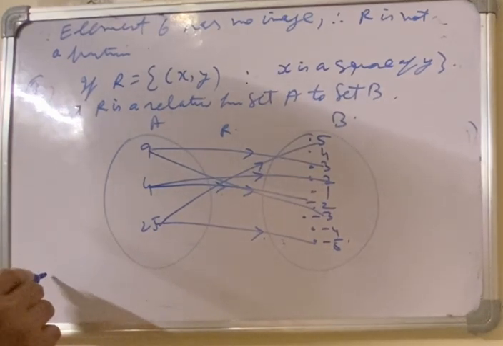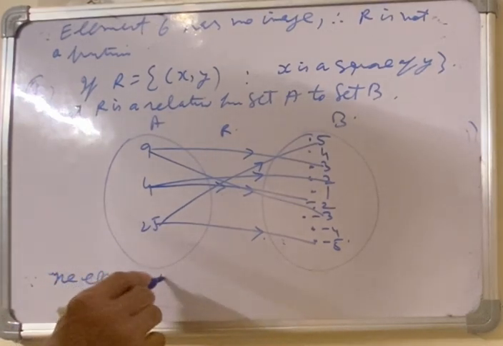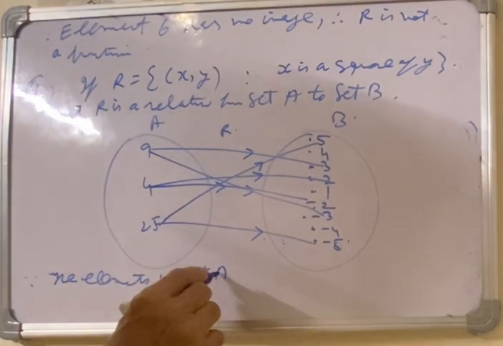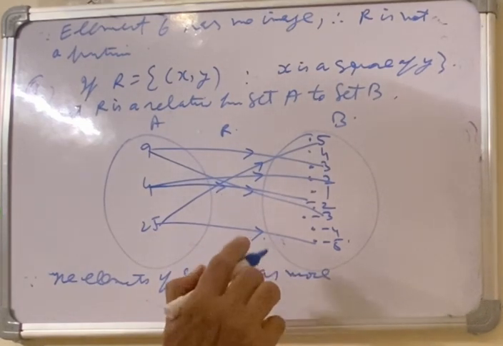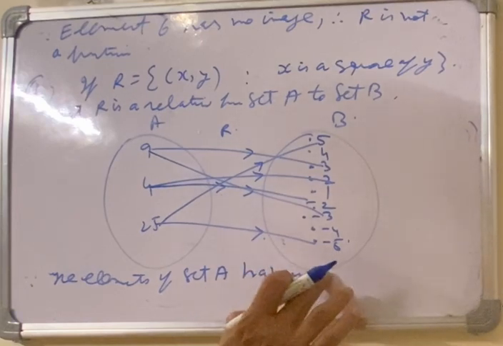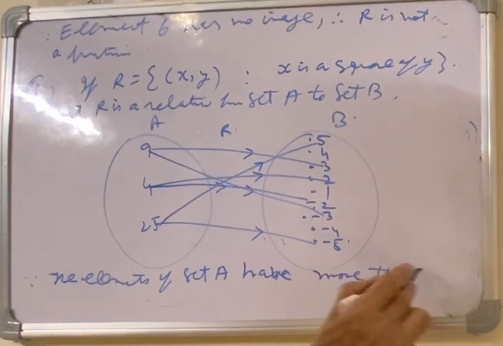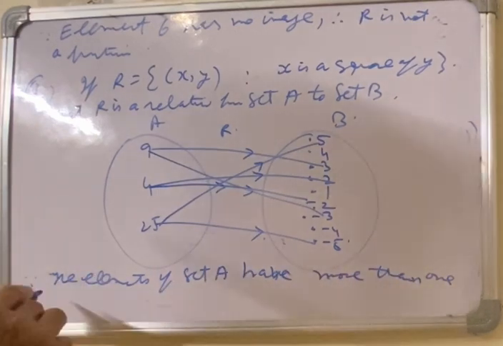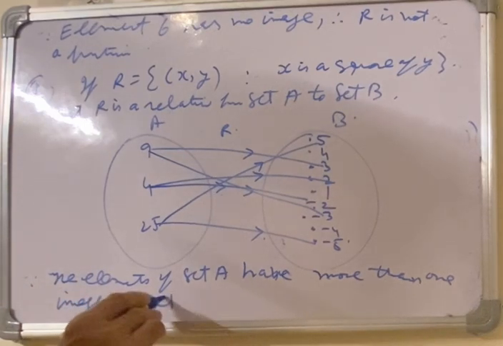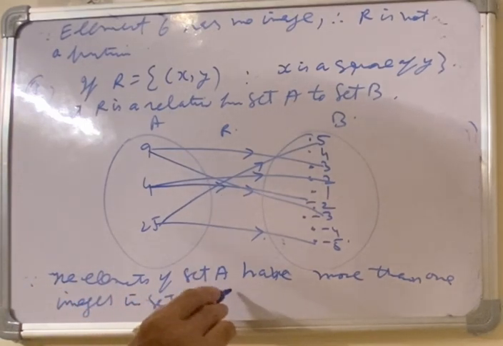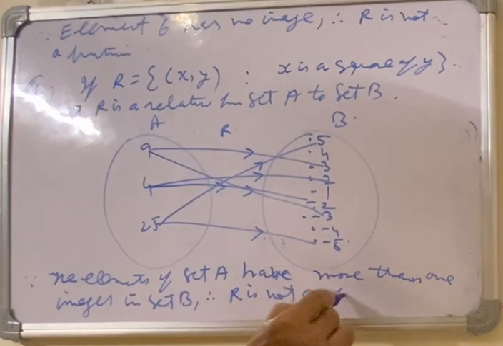Since the elements of set A have more than one image in set B, therefore R is not a function.